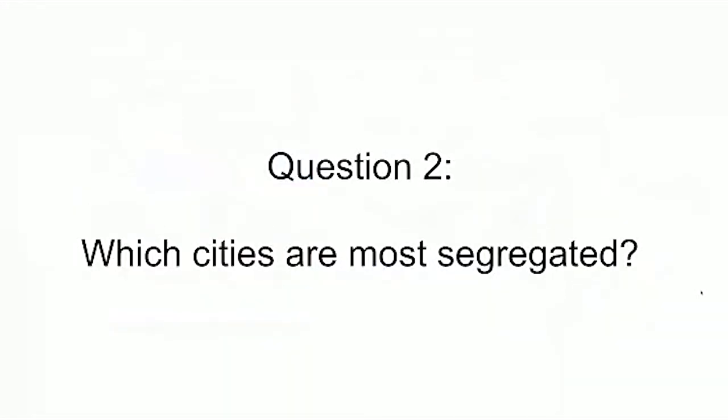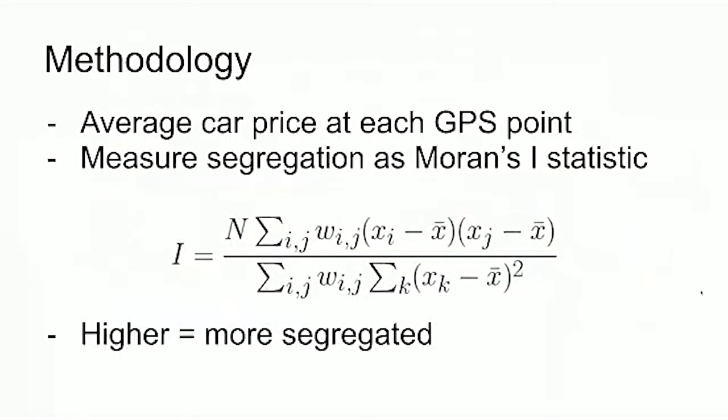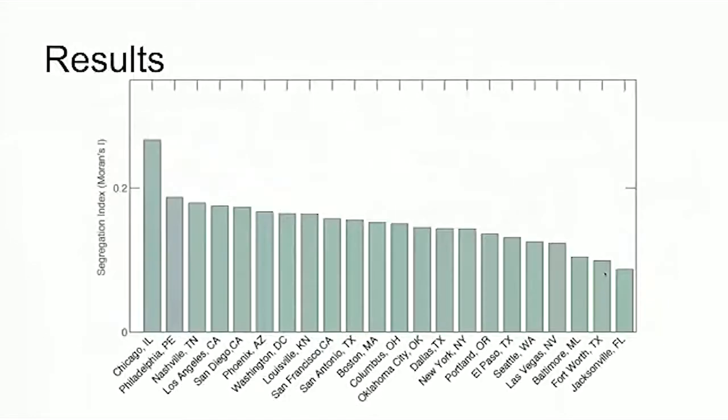And then the second question is, can we just look at one other attribute of the car, like the car price, to see what income segregation levels look like? I'm not going to go into this math, but we use something called Moran's I statistic. It's a spatial autocorrelation measure. And so we find that just by looking at car price, we can map what are the most and least segregated cities in the country in terms of income.